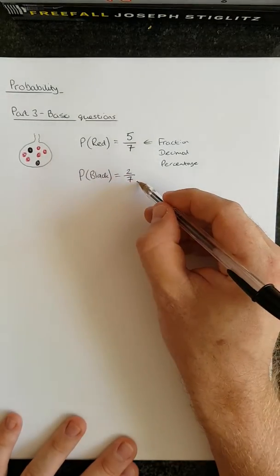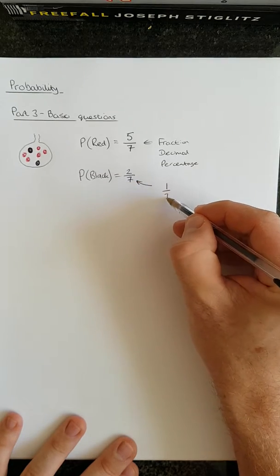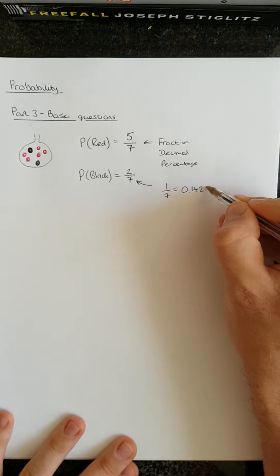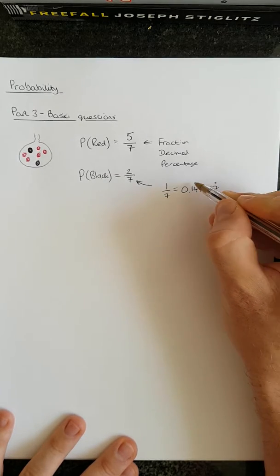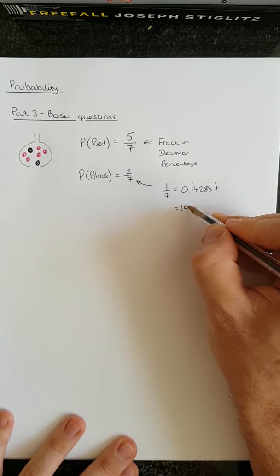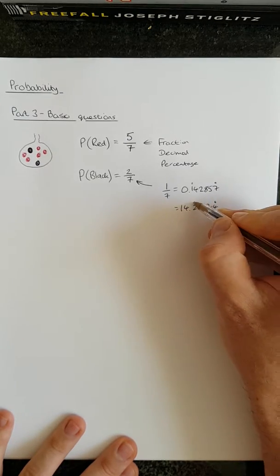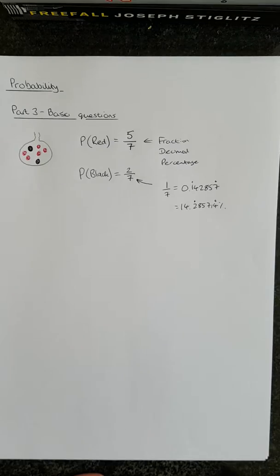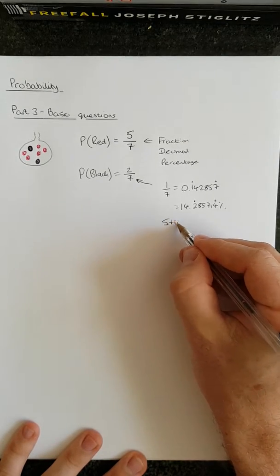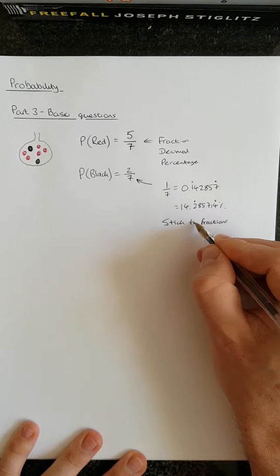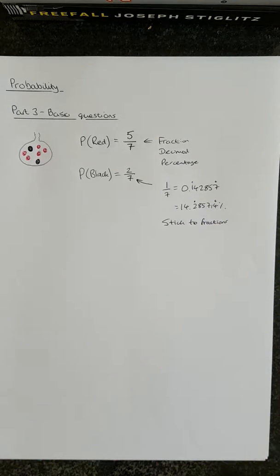Now, when your denominator is 7, 1/7 is a really tricky decimal, in fact it's a recurring decimal, so its percentage is quite complicated. You're going to say to yourself, stick to fractions. And that's a good idea.